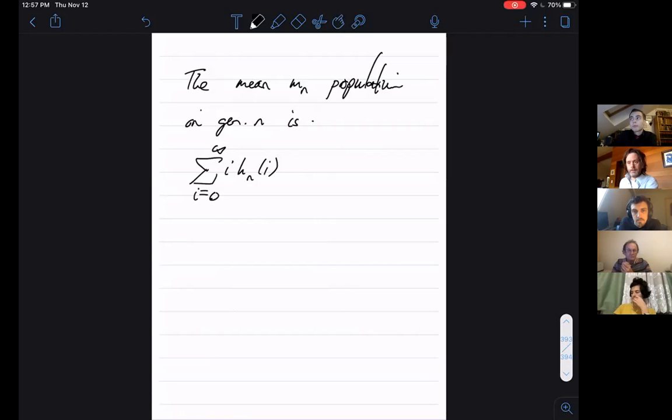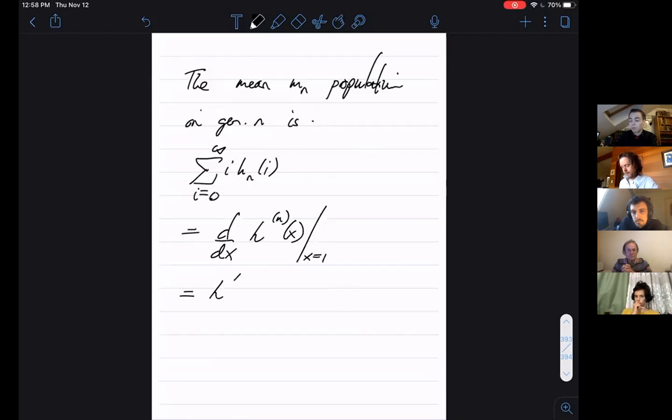So that's an expression for the mean population size in generation n. That is going to be the derivative at 1 of the moment generating function for that population, which we've just identified to be the n-th iterate of h. And then it's easy to compute this because it's the chain rule done iteratively, but it has a very simple form. I'm always putting this derivative outside and then considering these kinds of expressions.